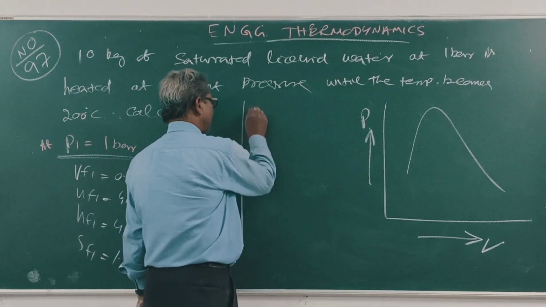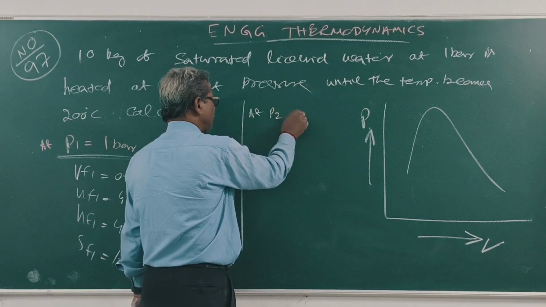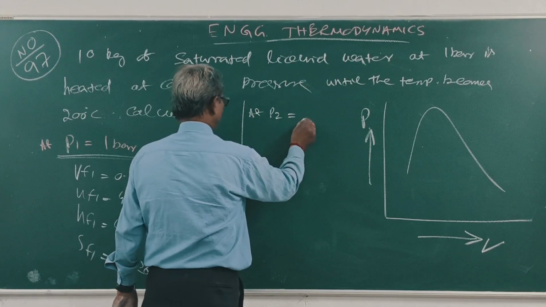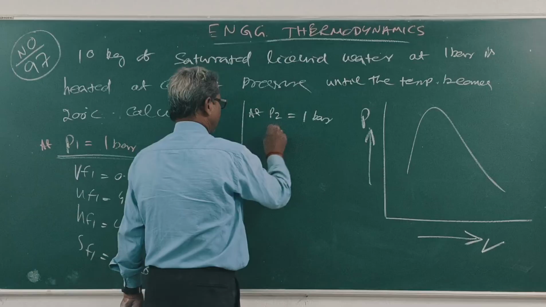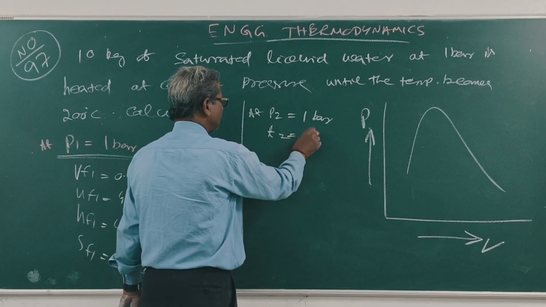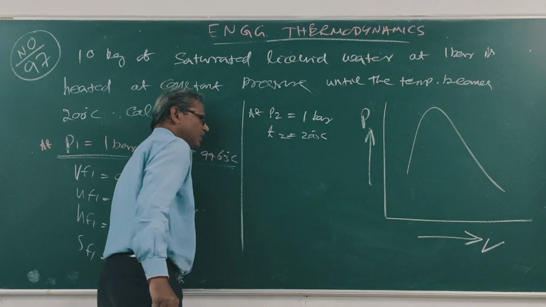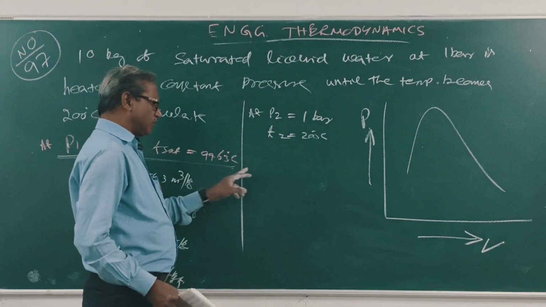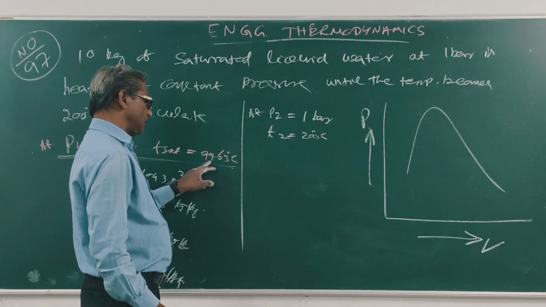So state 2: at P2 equal to 1 bar, T2 is equal to 200 centigrade.